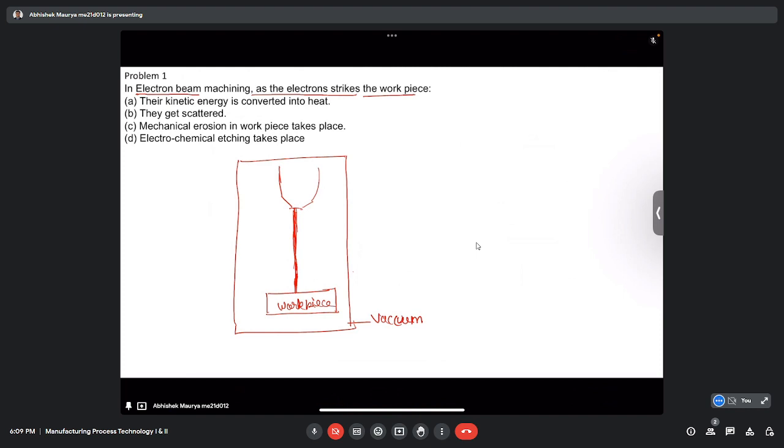Electrons are produced from the tungsten electrode, and they are accelerated towards the workpiece so that they could attain a very high velocity. First of all the electrons are emitted by thermionic emission, and then there are some electromagnetic lenses.